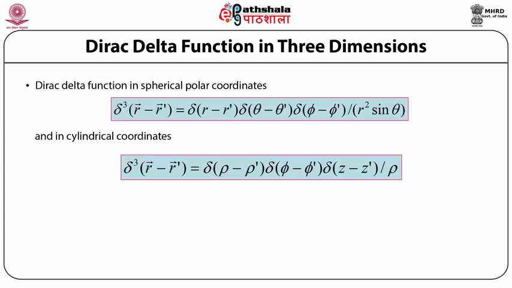Here again, the delta function goes to infinity for rho equal to rho prime and is 0 for all other values of rho. Similarly, the delta function goes to infinity for phi equal to phi prime and is 0 for all other values of phi, and the delta function goes to infinity for z equal to z prime and is 0 for all other values of z.